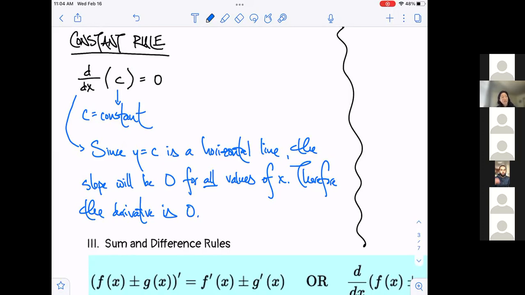Therefore, the derivative is 0. Okay, when you have just a number, it's not attached to anything else. It's literally just a number.